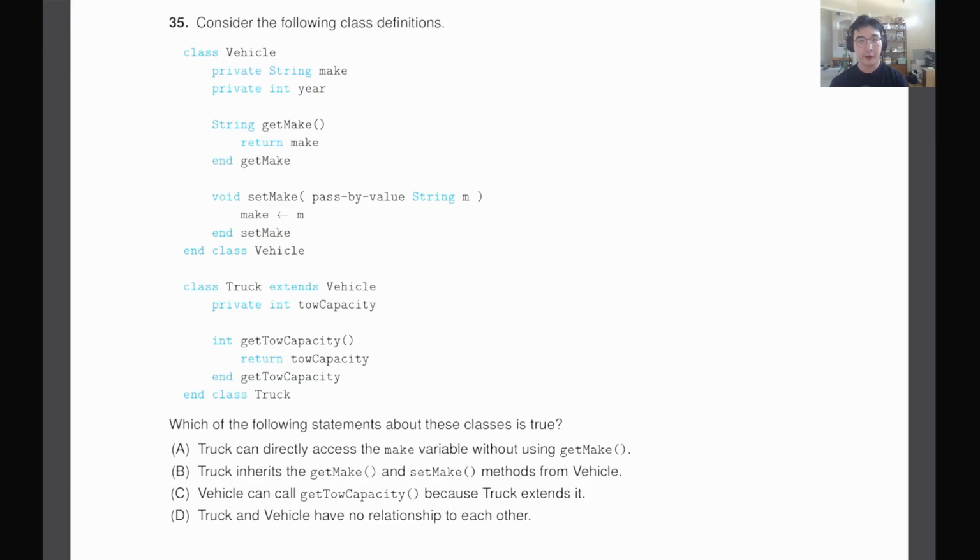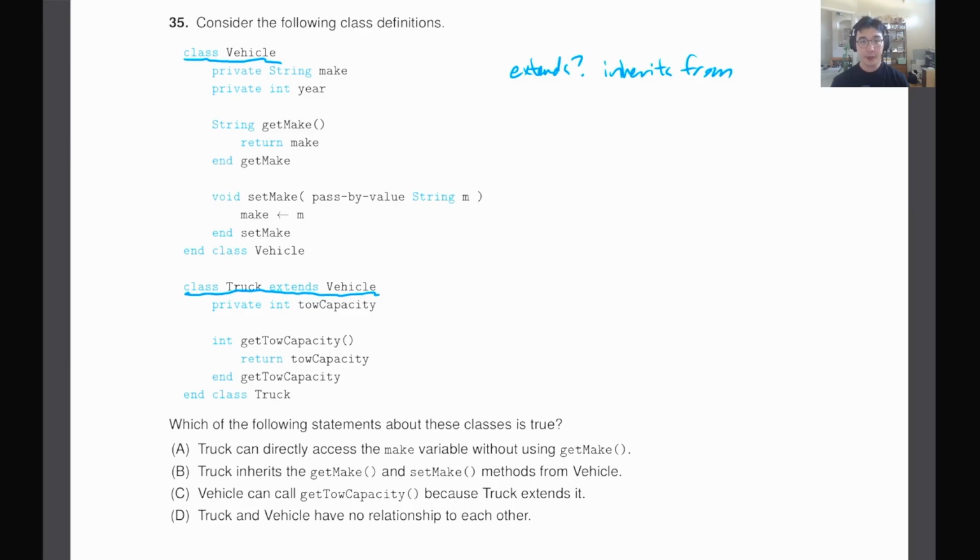All right, question 35. Consider the following class definitions. So we have two classes here, class Vehicle and how it's defined. And then we have class Truck, which we're told extends the Vehicle class. So what do we mean by extends? Well, another way to explain that is it inherits from.